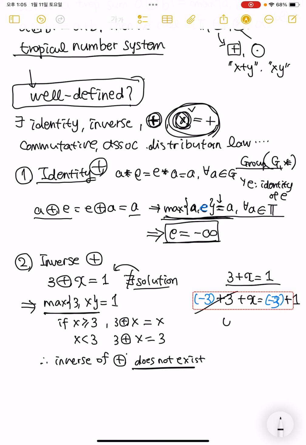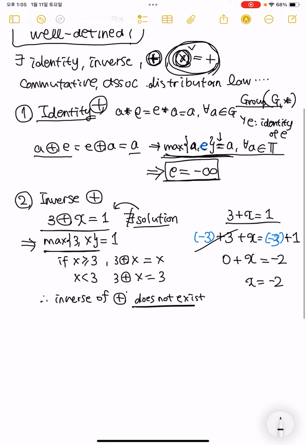This becomes 0, and 0 is the identity of the usual sum. So we can obtain the solution if the inverse exists. But in the tropical number system, the inverse does not exist in general. That is an important part of the tropical system. Okay, the inverse element does not exist.